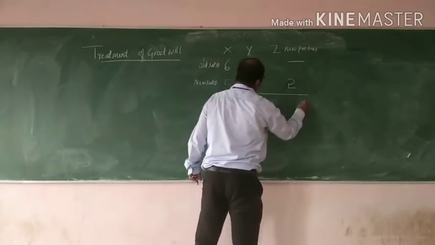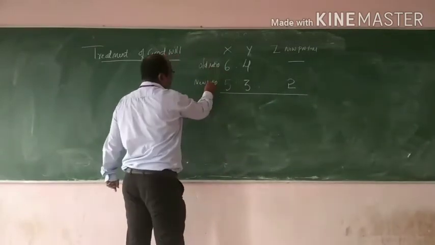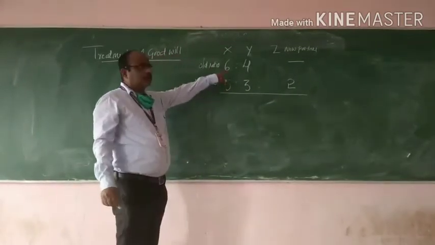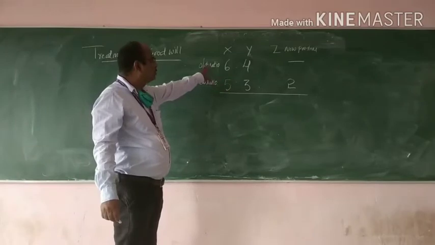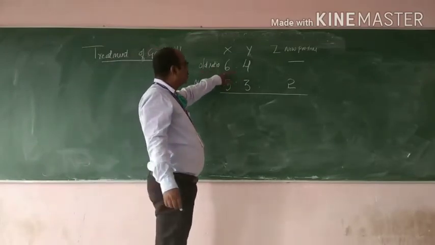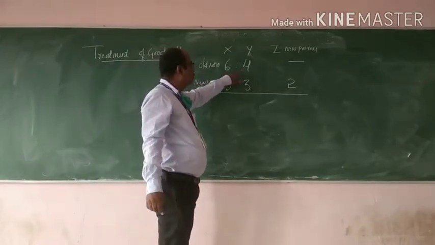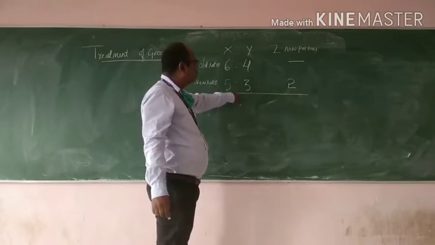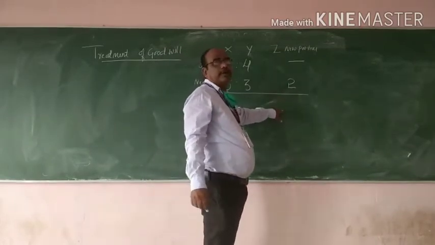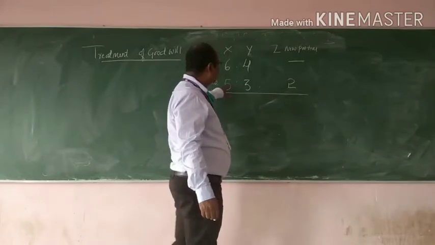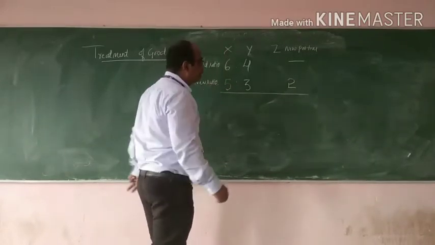Sacrifice ratio is equal to old ratio minus new ratio. You cannot do it like this in every problem. Only if the denominator is 10, that is 6 by 10, 4 by 10, and now 5 by 10, 3 by 10 and 2 by 10, can you use this method.